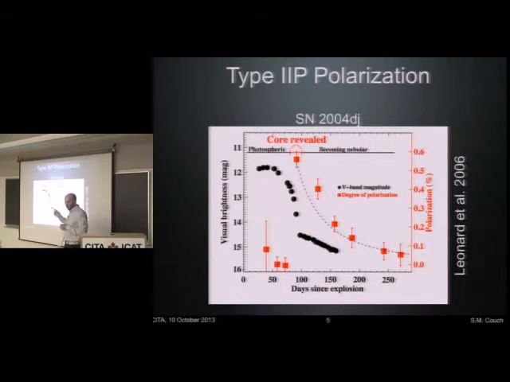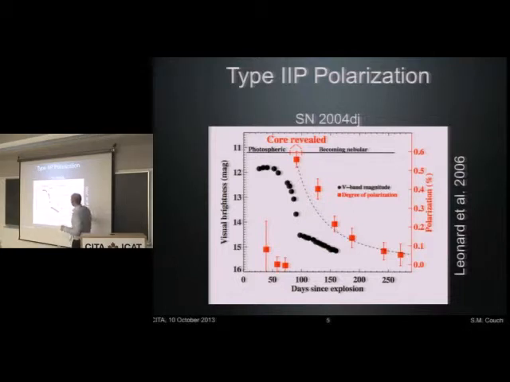So this is just the integrated polarization, the net polarization of a type 2P supernova observed by Doug Leonard. And what we see is during the plateau phase, early on in the light curve, the polarization is consistent with 0. Early on in a type 2P supernova, we're looking at the photosphere in the hydrogen envelope, basically. We're looking at hydrogen. Once it recedes and falls off the plateau, the photosphere is receding down into the core, below the hydrogen.